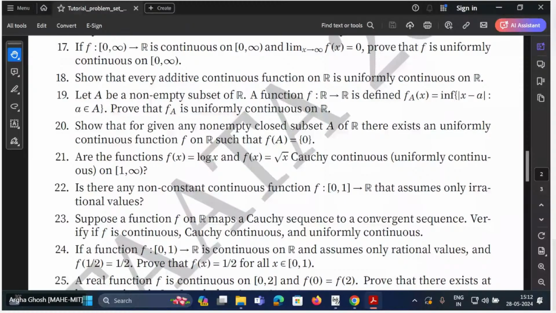Okay, can you show that the absolute value of f of x1 minus f of x2 is less than or equal to mod of x1 minus x2, or any constant into mod of x1 minus x2? It's a Lipschitz type of function.